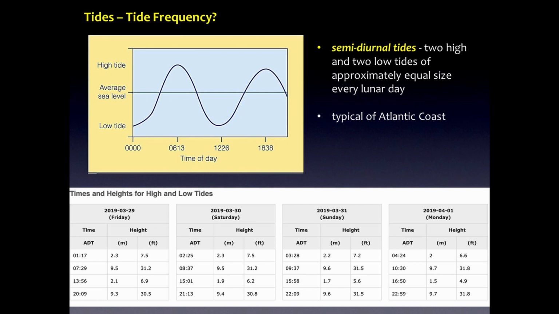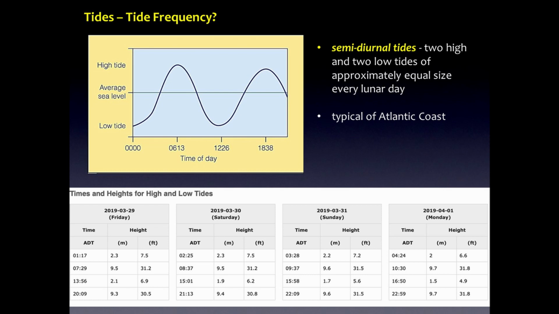What we see in the lower part of the slide, where we have times and heights for high and low tides, and this is from back in March of 2019, is that going from a Friday to a Saturday all the way through to a Monday, the time of day at which high tide occurs and low tide occurs changes every day, and is usually offset by about an hour and 15 minutes or so.